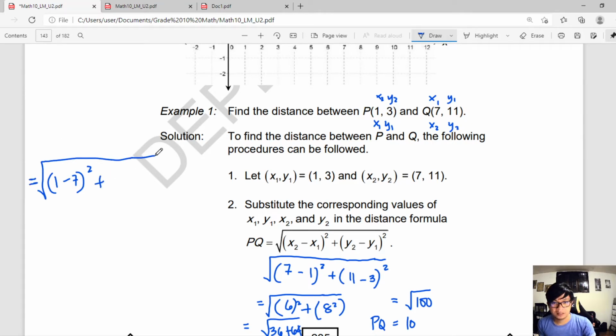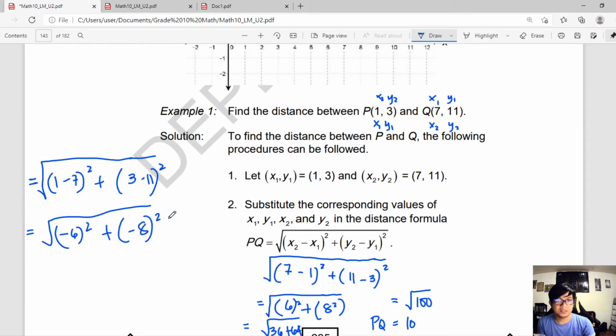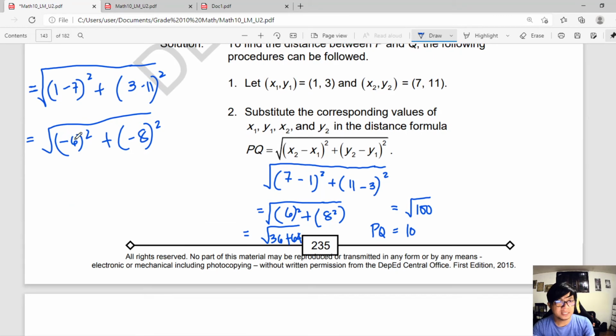Plus 3 minus 11 all squared. So, as you notice, magiging negative, diba? So, negative 6 squared plus negative 8 squared. But since it is raised to the second power, magiging positive pa rin siya. So we have 36 plus 64. So ganun pa rin siya.